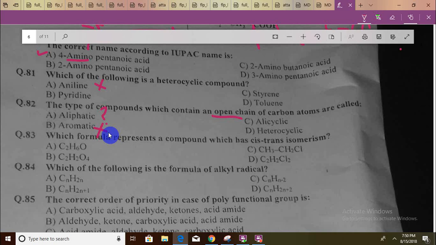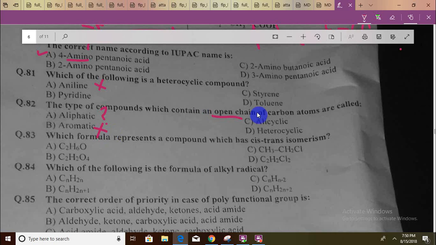That alicyclic is not what we think it is, because the homocyclic compounds are further classified as either alicyclic or aromatic, and alicyclic compounds are the ones that are non-benzene.